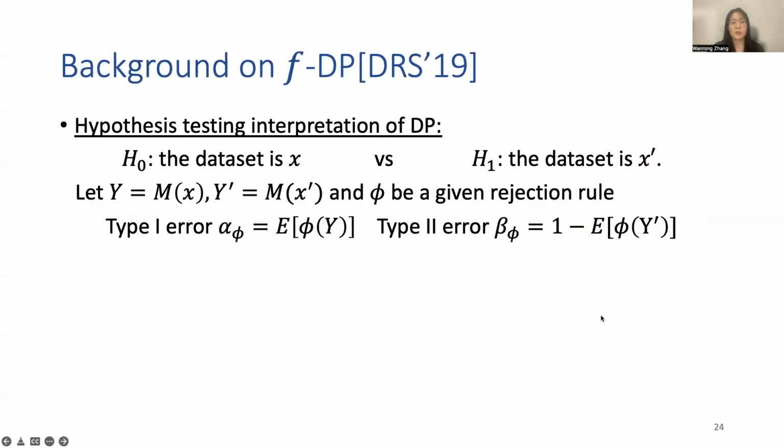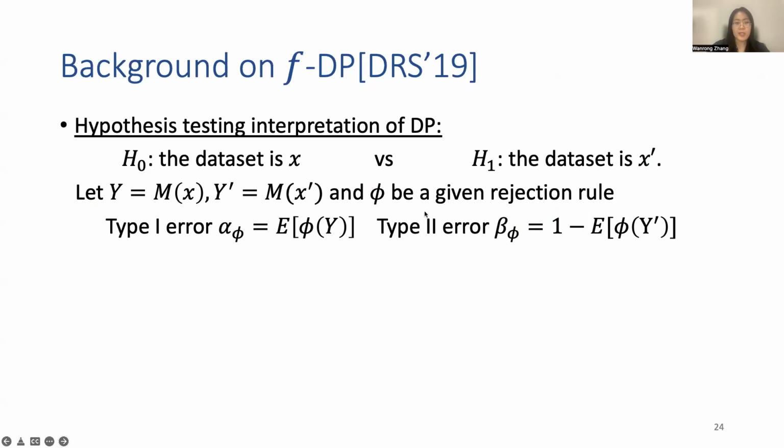Let me briefly introduce FDP. FDP is a generalization of epsilon-delta DP based on the hypothesis testing interpretation. So here, differential privacy attempts to measure the difficulty of distinguishing two neighboring datasets based on the output of a mechanism. Specifically, an adversary considers this hypothesis testing problem, where H0 is the dataset is X, and H1 is the dataset is X prime.